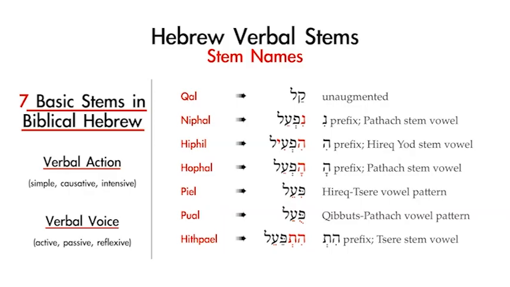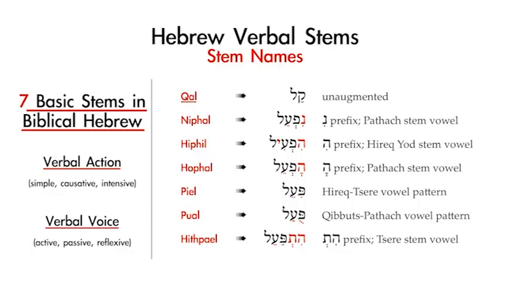The names of the 7 stems are as follows. The kal stem is the basic stem in Hebrew, and we'll be spending much time on this particular stem. The kal stem constitutes almost 70% of the Hebrew verbal system, so from chapters 13 all the way to 22, we'll be focusing on this one stem, the kal stem. Next, we will encounter the nifal stem, the hifil stem, the hofal stem, the piel stem, the pual stem, and the hithpael stem.